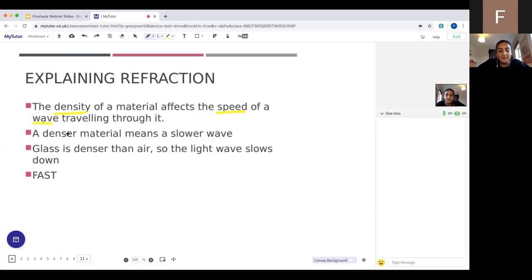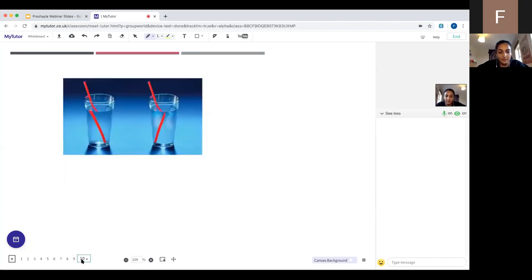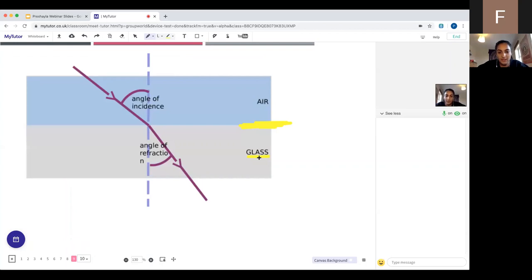Because glass is denser than air, the light wave slows down. So in our example, let's go back to it. Glass is denser than air, which means that the light wave has slowed down in the glass.